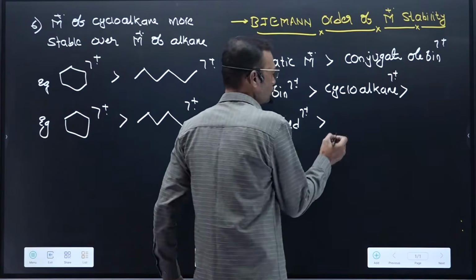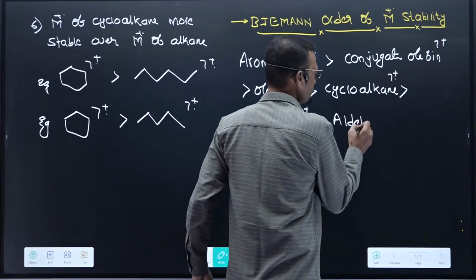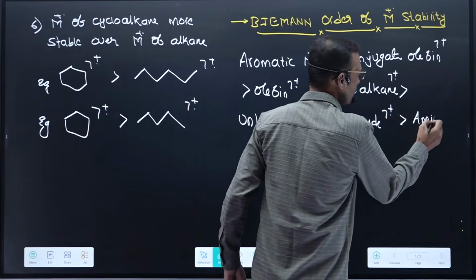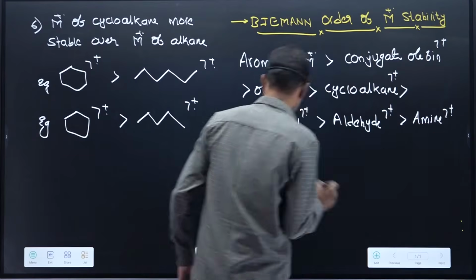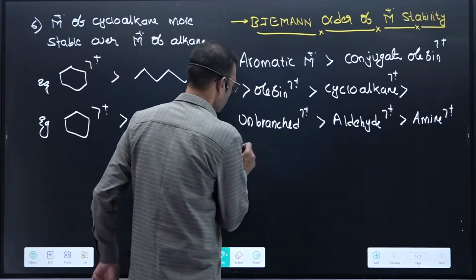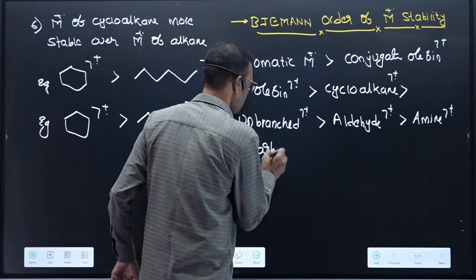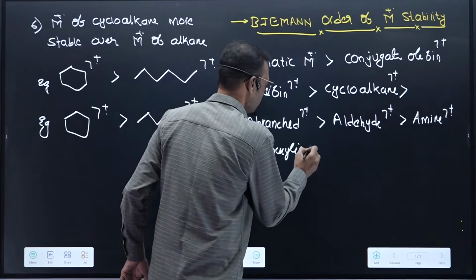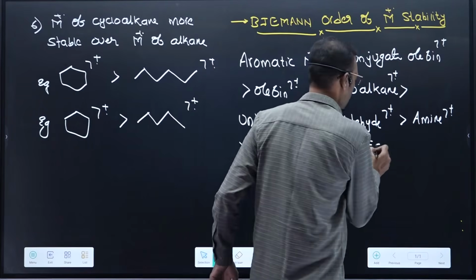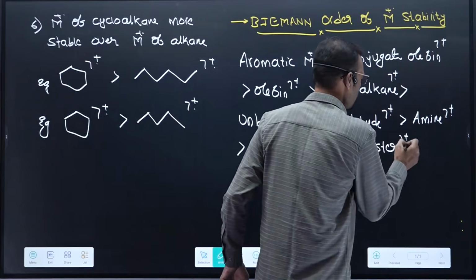Then followed by the aldehyde molecular ion, then the amine molecular ion. After the amine, go to the carboxylic acid molecular ion, then the ester molecular ion.